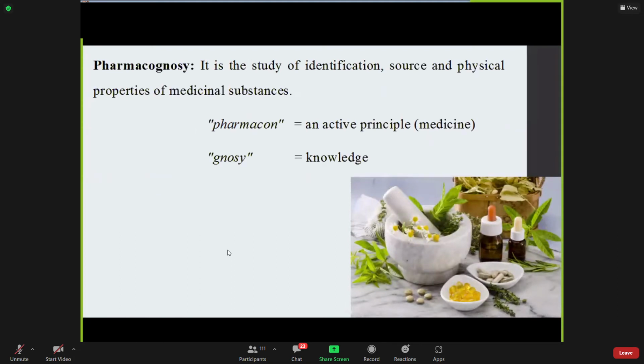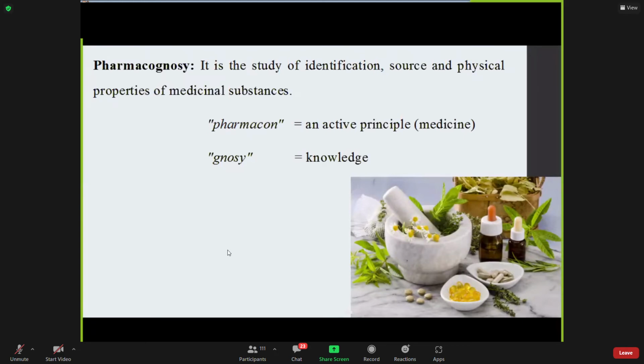Pharmacognosy. Here the word gnosy means knowledge, the knowledge of the active principle of the drug or medicine. So pharmacognosy is the knowledge of medicine, how the medicines are acquired from nature. For example, one drug is cardiac glycosides.